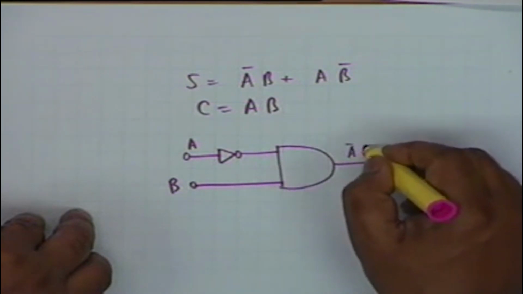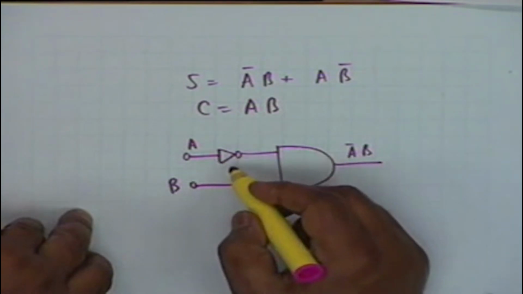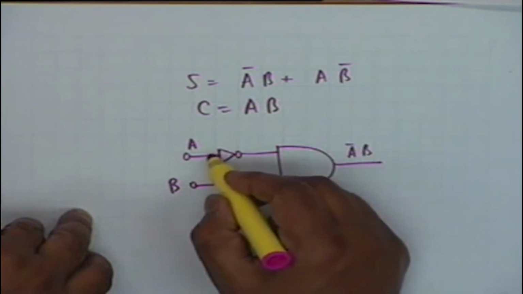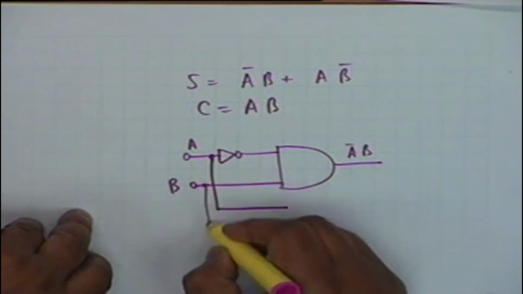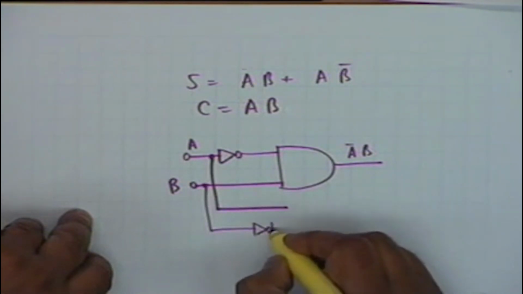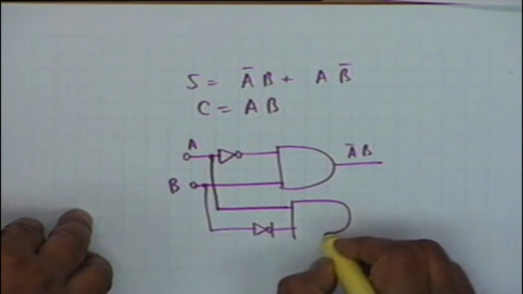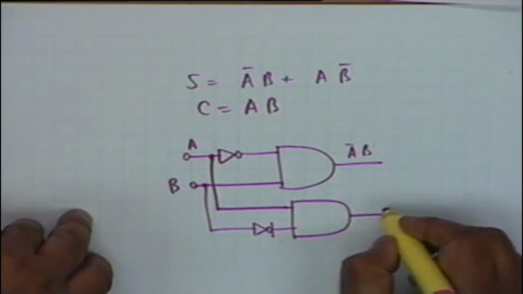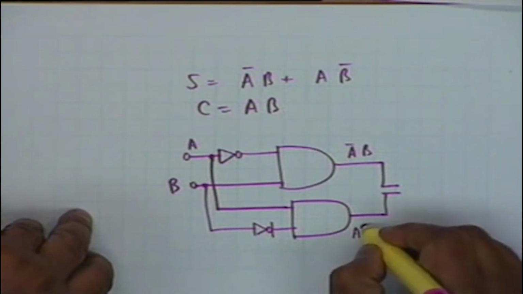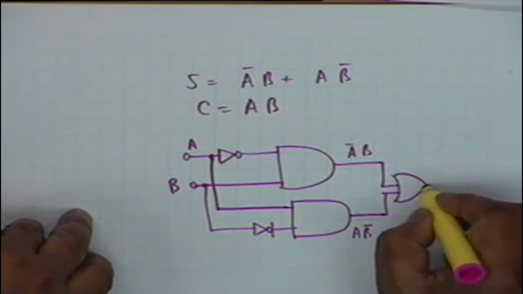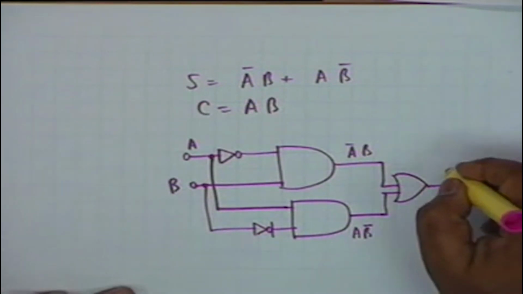This is A bar B. Similarly, I have to have an A and B with a NOT gate, another AND gate, and these two outputs are to be ORed. Therefore, I require another OR gate. And this is S.